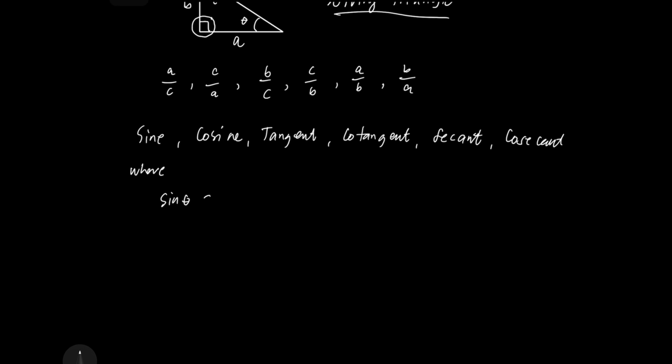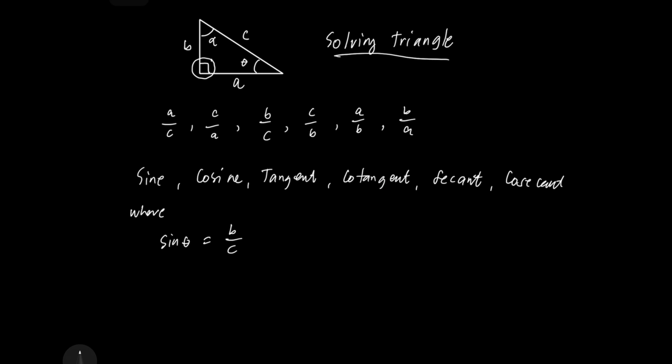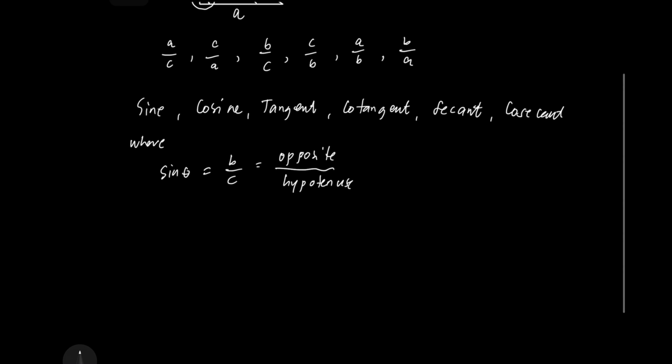the sine theta is equal to B over C. Note that this is our theta here, and the sine theta is B over C, where B is the opposite side and C is the hypotenuse. Okay.